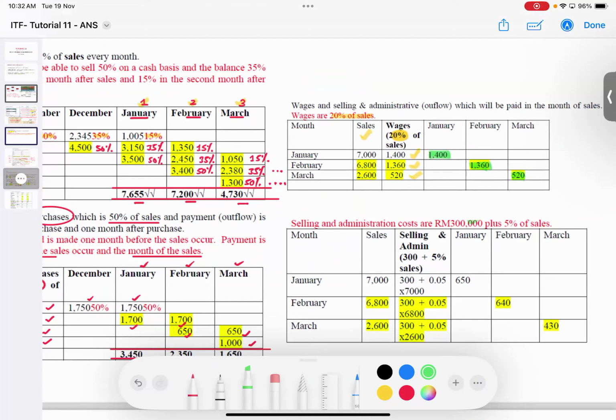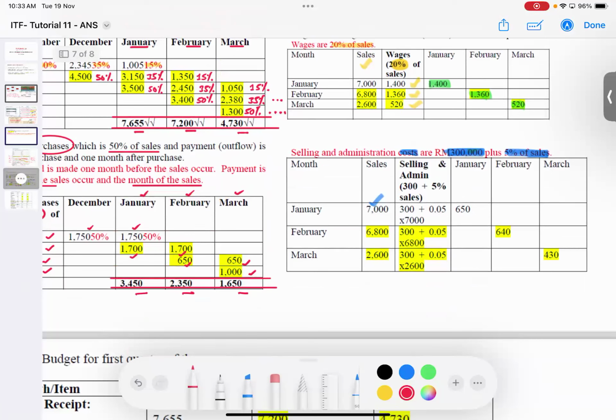Then sales and administration costs. All these costs are 300,000 plus 5% of the sales. So the sales in January is 7,000. You need to times the 5% of it. So let me write it here. In January, the sales is 7,000. 5% of it is how much?